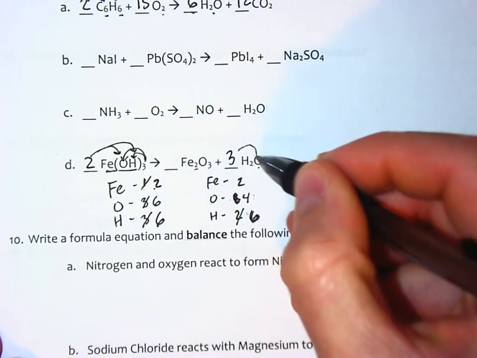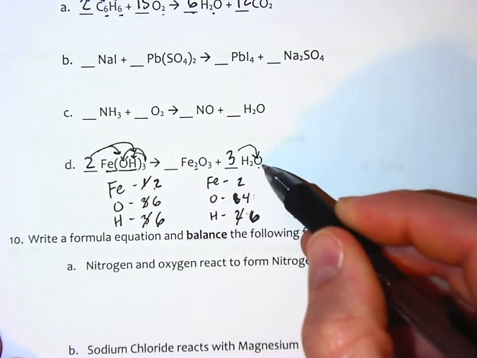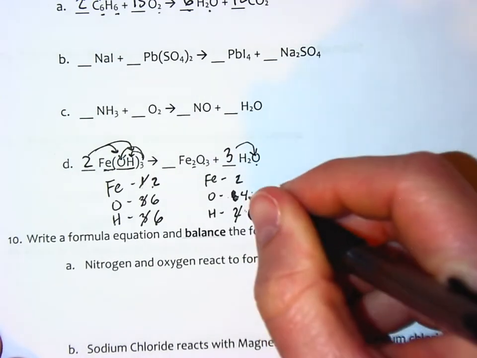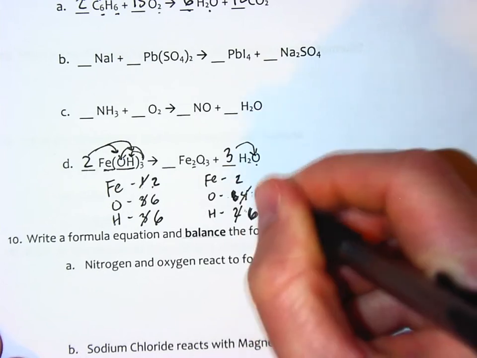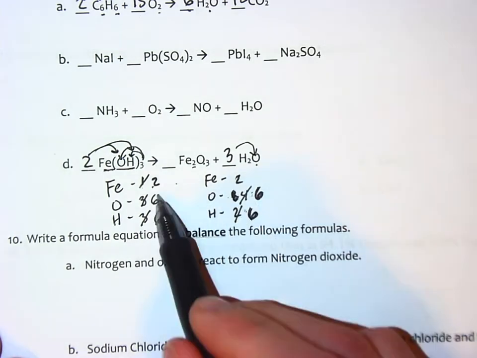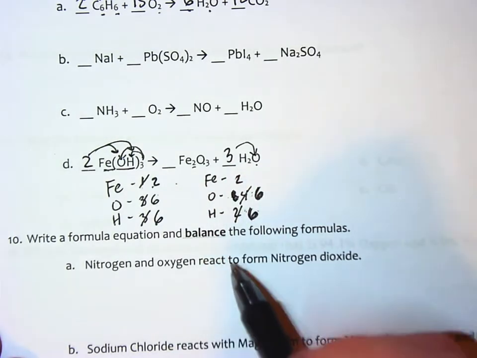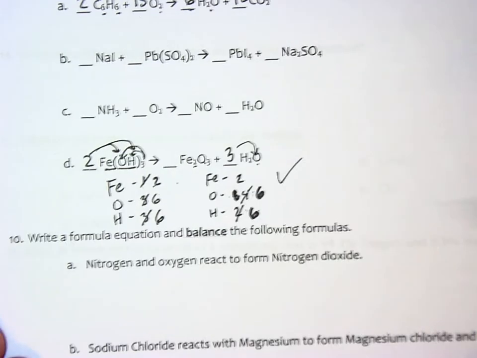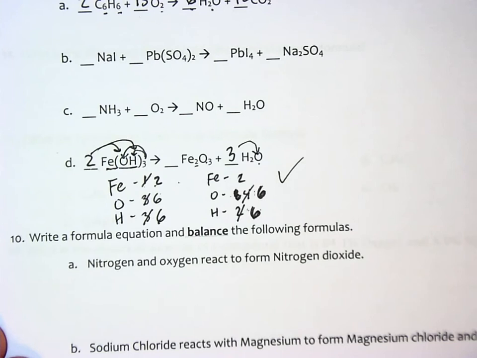The 3 distributes here, so now I've got 3 oxygens here, 3 oxygens there, which gives me a total of 6. So now I've got 2, 2, 6, 6, 6, 6. Now I'm balanced. I've satisfied the law of conservation of mass.